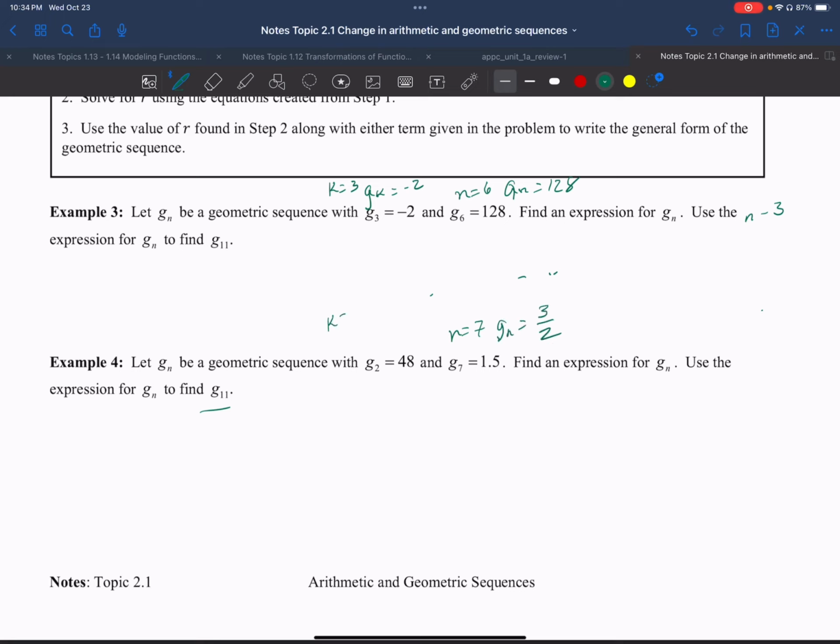For the other one, k equals 2, and g sub k is equal to 48. Start my equation, g of n equals g sub k times r to the power of n minus k. So 3 over 2 equals 48 times r to the power of 7 minus 2, which is 5.